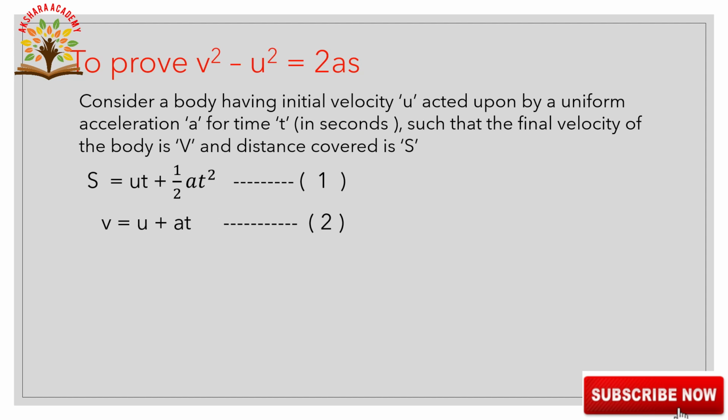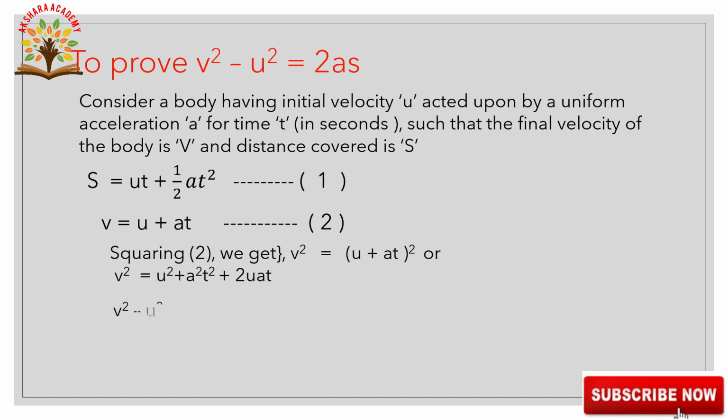Squaring equation 2, we get v square is equal to (u plus at) whole square, that is v square is equal to u square plus a square t square plus 2uat. v square minus u square is equal to 2a of (ut plus half at square).